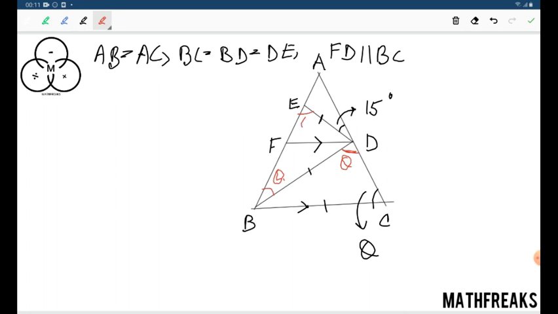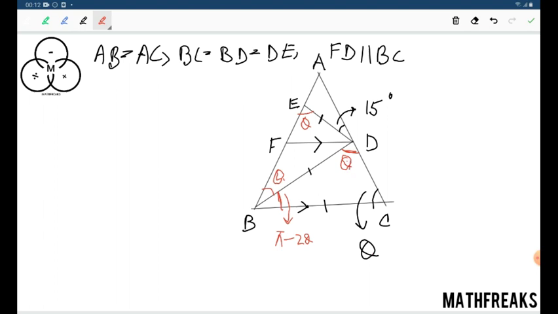That means this is also going to be theta only. This is 180 minus 2 theta by angle sum property.